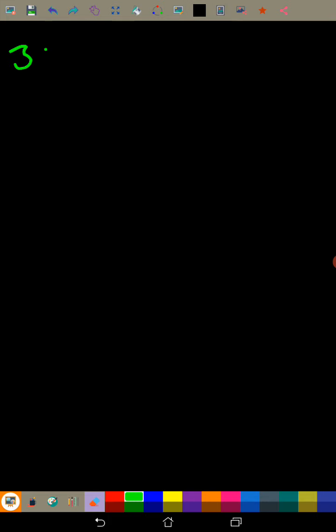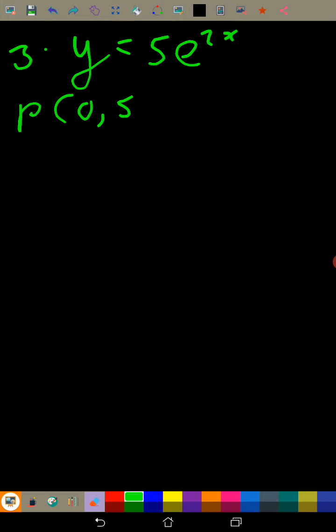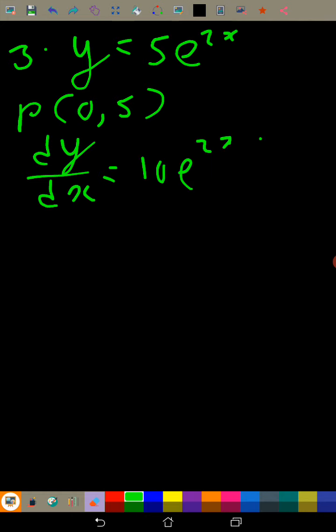But we have a question here. Find the gradient of the tangent at the curve. Y is equal to 5e to the 2x, and the point is P(0, 5). So we need to find the gradient at this point, the tangent, the dy by dx. So we need to do this. It's 2 times 5, 10 e to the 2x.